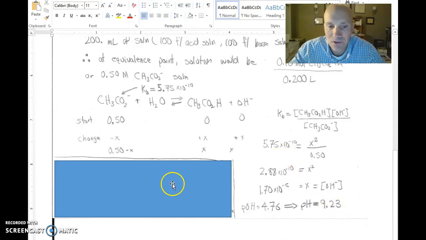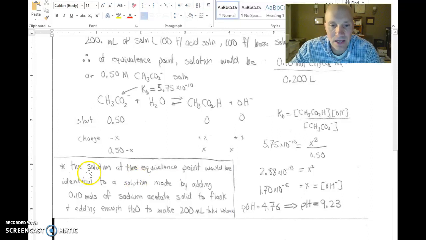So one thing I want to point out about this particular problem is that the solution at the equivalence point would be essentially identical to a solution made by adding 0.1 moles of sodium acetate to a flask and adding enough water to make 200 milliliters of total volume.